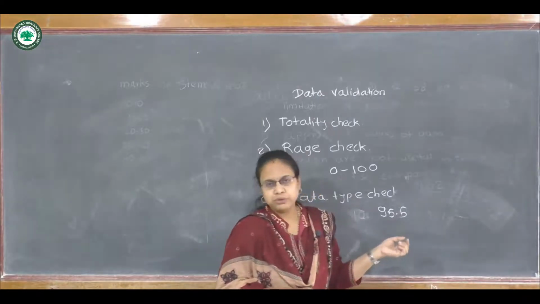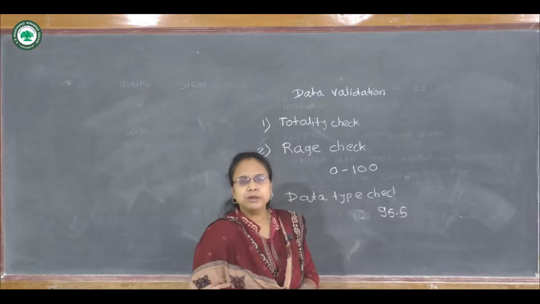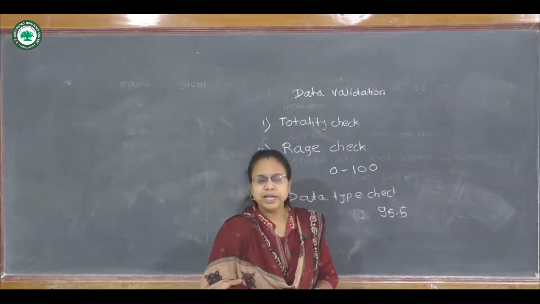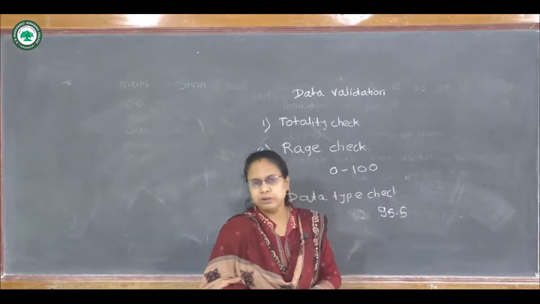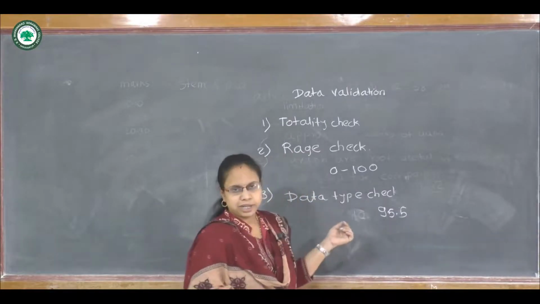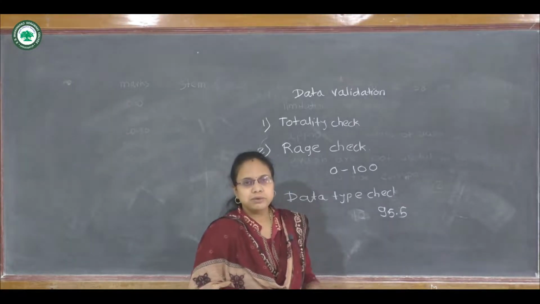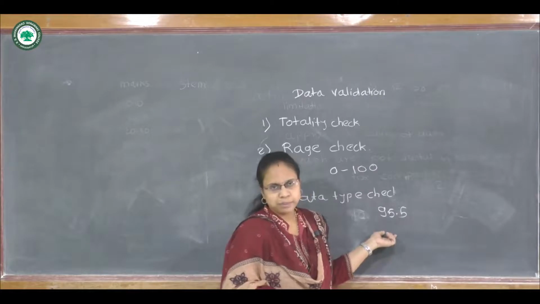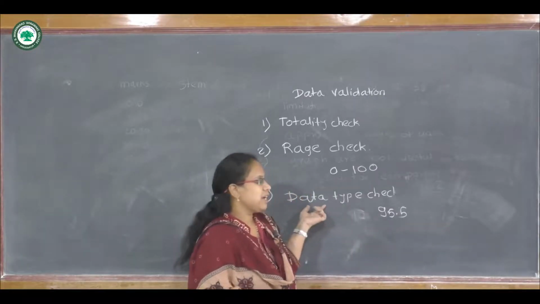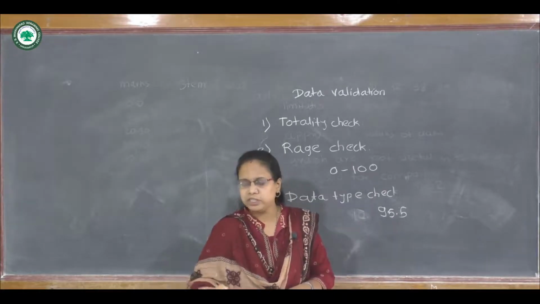The number of students should not be a fraction, or there should not be a number like -5. So negative or fractional numbers should not be in that data type. I have taken as an example that there are 100 students in a class, so in that case this should not happen. So we should check the data type. So these are some data validation techniques.